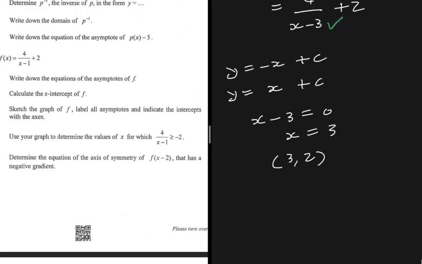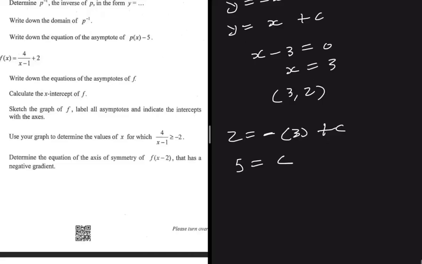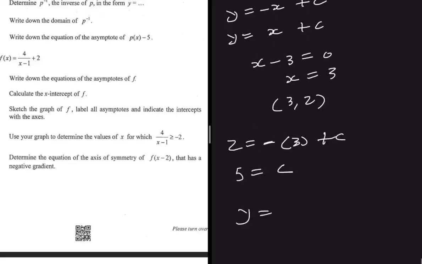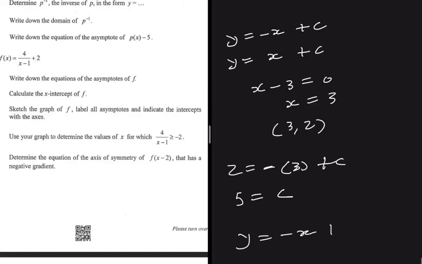So if we go ahead and do that, y is 2, right? And then minus x is 3 plus c, right? So if we take minus 3 to the other side, we would have 5 is equals to c, right? And then now we have y is equals to minus x plus 5 being the equation of our axis of symmetry of f of x minus 2.